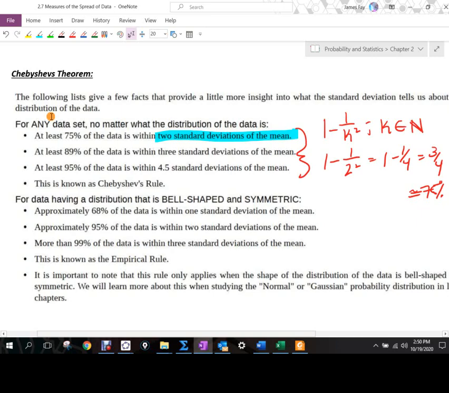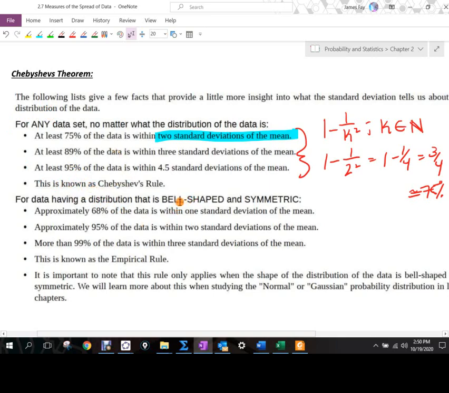One of the main distributions we like to talk about is the bell-shaped or normal distribution, or even things that we can say are nearly normal. And we talked about symmetric, meaning that the mean, median, and mode are all the same value. There are all kinds of distributions that we'll talk about in this class. We'll talk about chi-square distribution, we'll talk about Poisson distributions. This is just one of them.